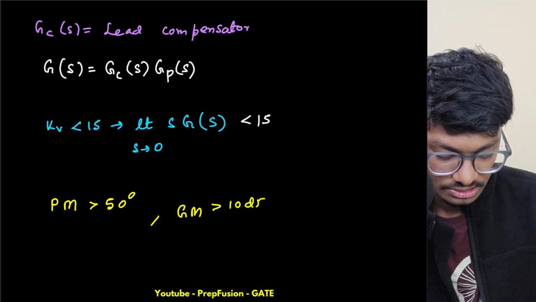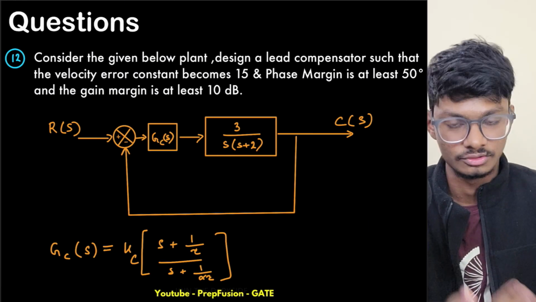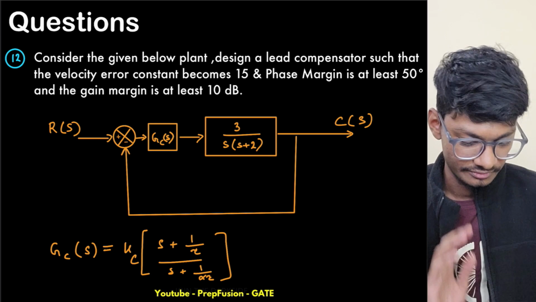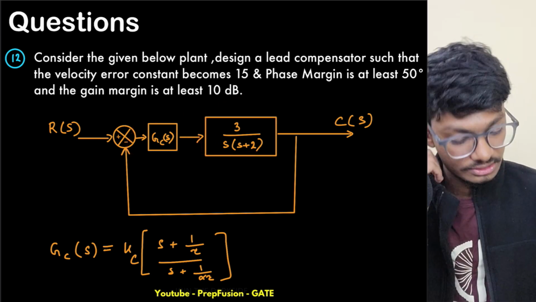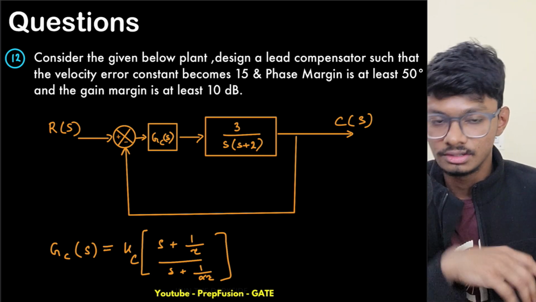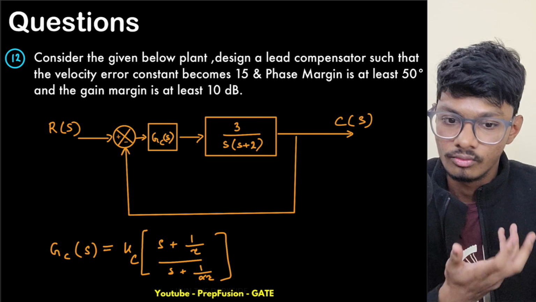So these are the things they have told us we need. Design a controller for us. You have been given the system GP, and you have to design a controller with the optimal values of KC, alpha and tau. How will you design it?